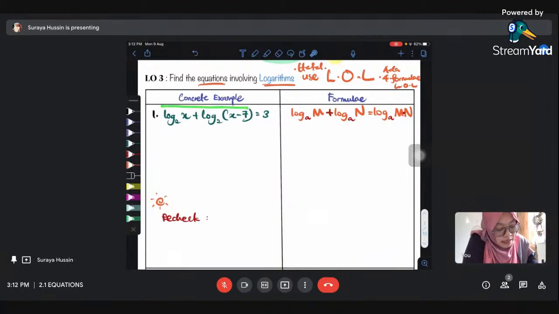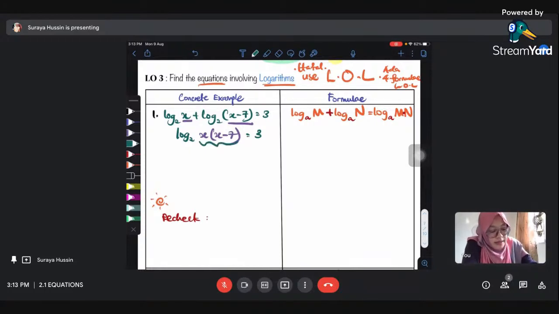So dekat sini dia operasi tambah untuk 2 log. Log tambah log. Therefore you akan dapat log base 2 and M times N, you akan dapat X darab X tolak 7. On the right hand side masih sama 3. So now log base 2 X times X minus 7.